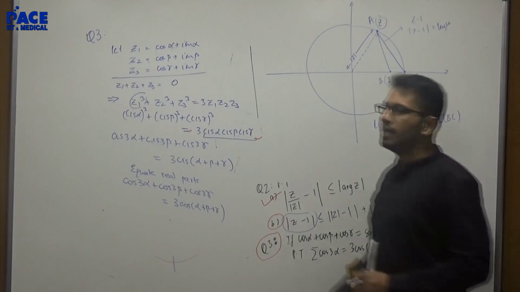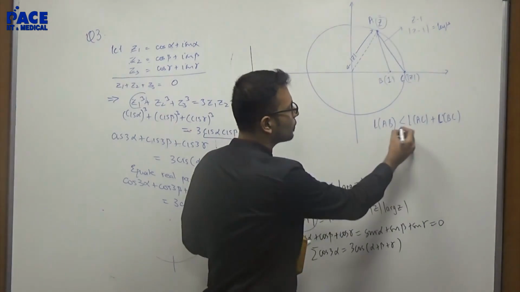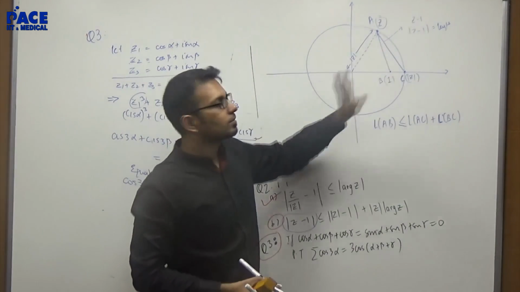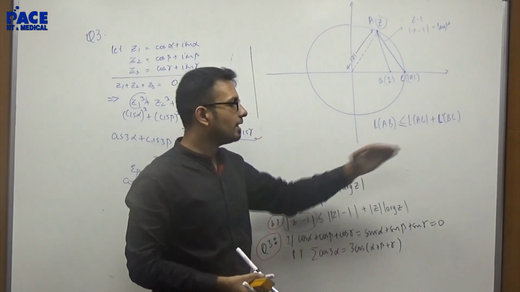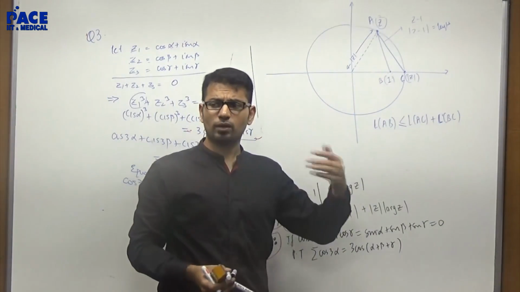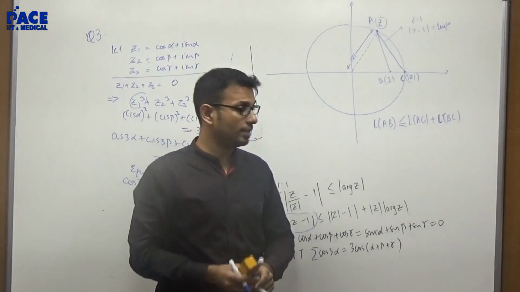Triangle inequality में strict आता है, कभी equal भी हो सकते हैं when they are all collinear, when ABC is just 1 point or they are collinear. Anyways, sum of two sides is greater than the third side. We'll do triangle inequality अगर time मिला तो बाद में बहुत detail में कर सकते हैं इसको.